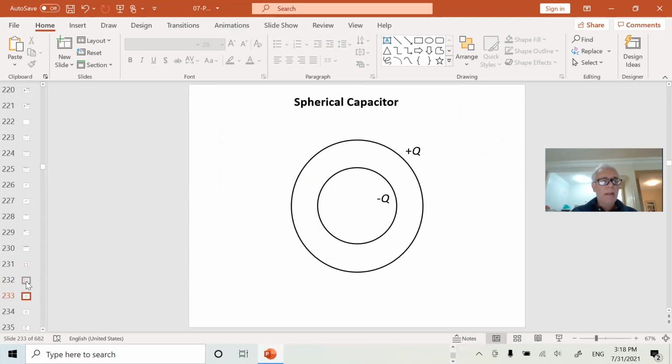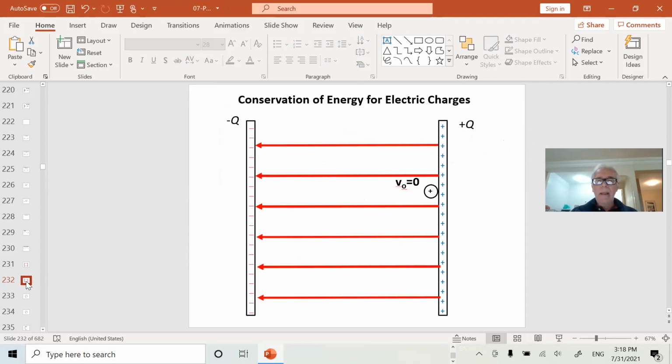Let's say we have a potential difference between those two plates, right?